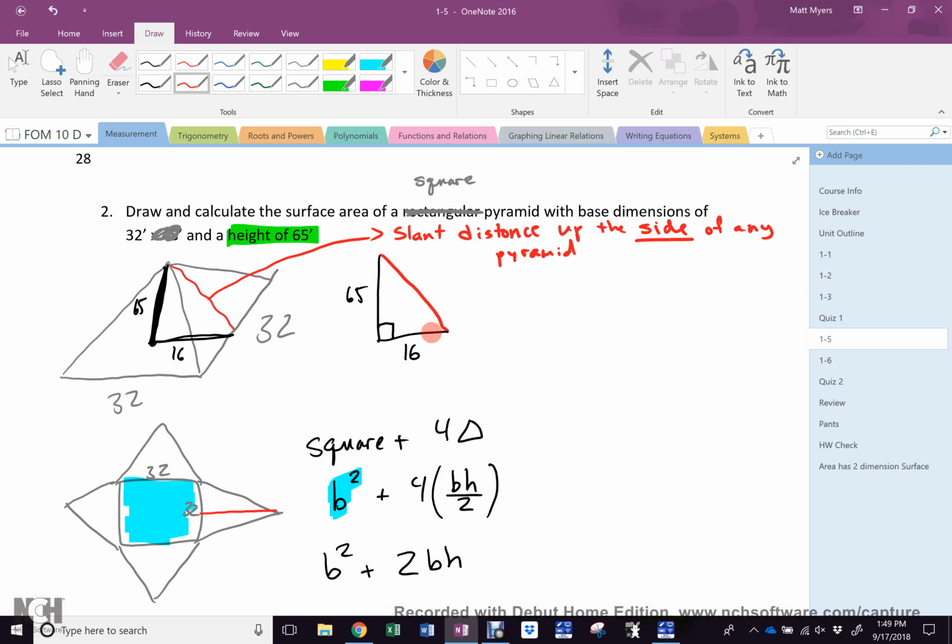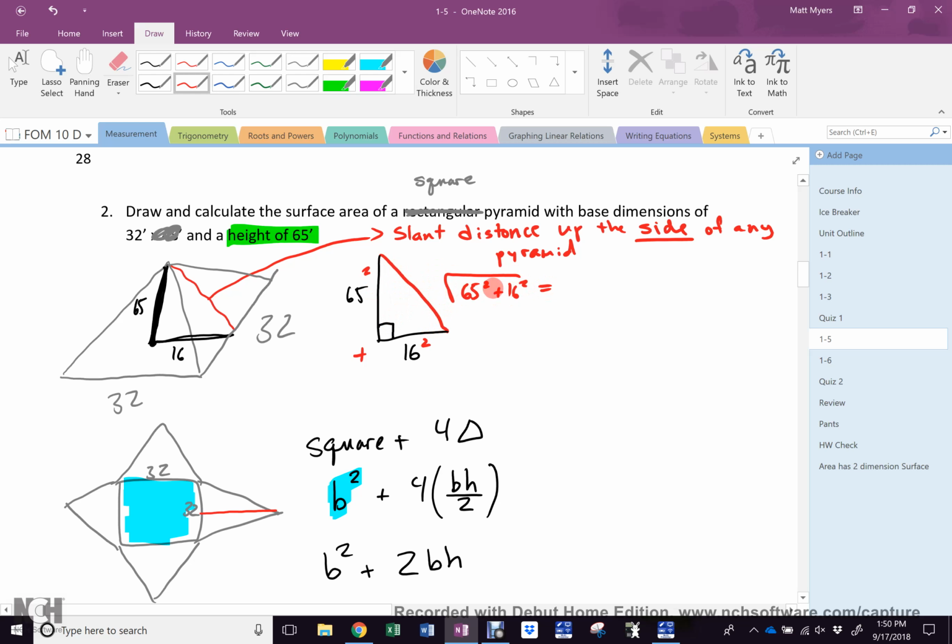It's Pythagoras. It is this guy squared plus this guy squared, and then what do I do to that answer? Not divide. I square root, right? So this red side is the square root of the other two sides. Yes? 65 squared plus 16 squared.